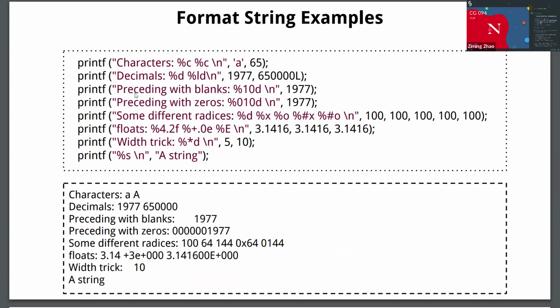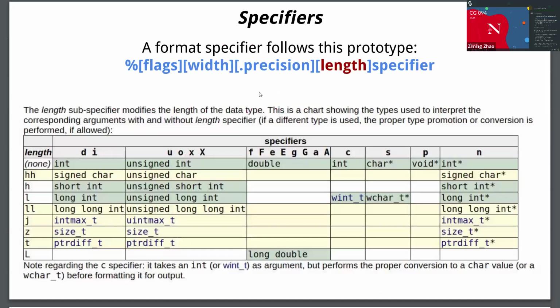The next one, proceeding with blanks. Here we have percentage D, which means we are printing out an integer. However, between the percentage sign and D, we have 10 there. Let's go back to here. 10 is not length, because length can only be HH to L, those things.